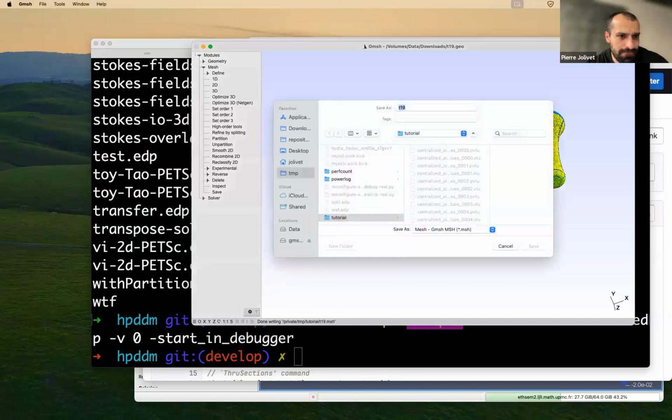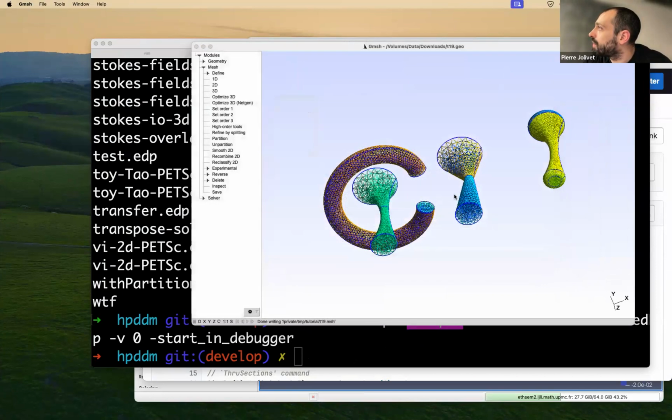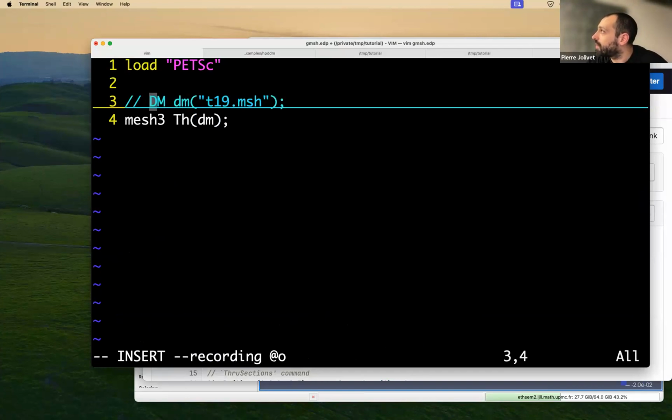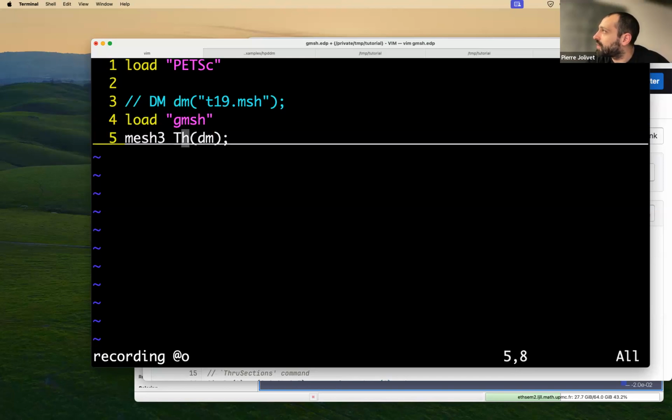Export P80 .msh. But we'll have to resort to version 2 ASCII. Okay, maybe that's better. Okay, so let's forget about DM. Then do load gmsh, tac equal gmshload3.